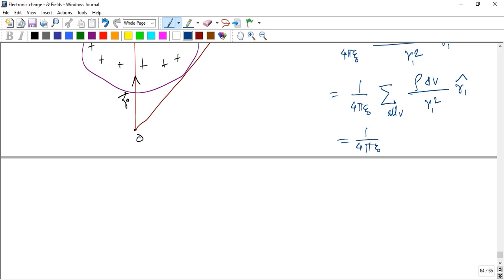Integration means addition. So this is a volume integral of rho dV over R1 squared in the R1 cap direction. Delta turns into d, and the sum of delta EP becomes EP. That's the final expression.